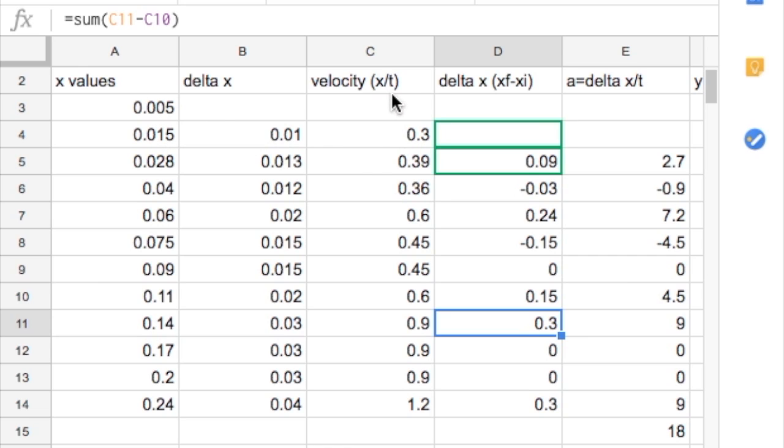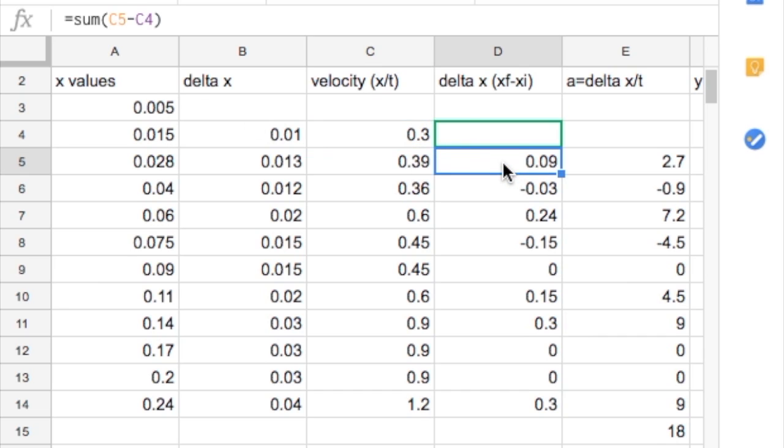Then we multiplied it by 30 to get a velocity. It's actually dividing it by 1/30th, but that means multiplying it by 30. So here's the velocity between this time and that time.